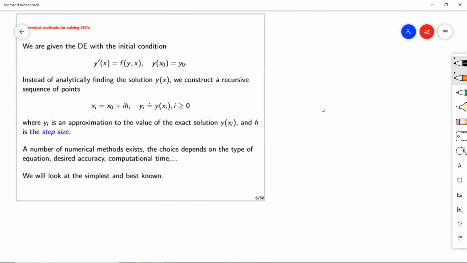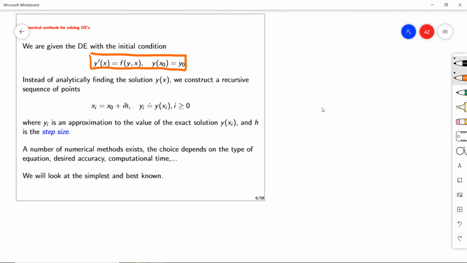As always by now, we have a first order differential equation with an initial condition. It's called an initial value problem. Whenever we have an initial condition given, then we are talking about an initial value problem.